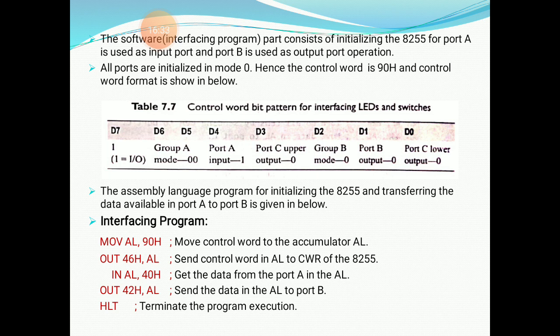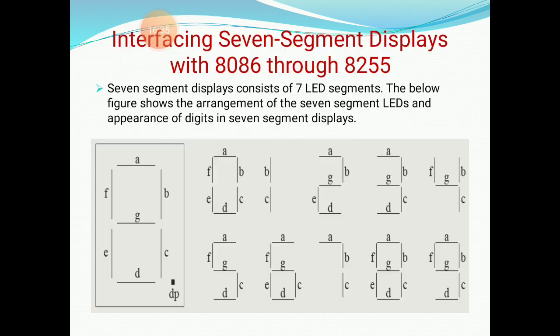Now let us see another application, that is interfacing 7 segment displays with the 8086 microprocessor through 8255. The 7 segment display consists of 7 LED segments. The below figure shows the arrangement of the 7 segment LEDs and the appearance of the digits in 7 segment displays.